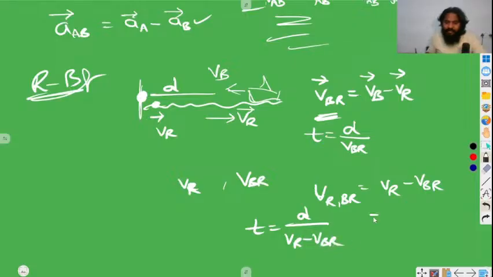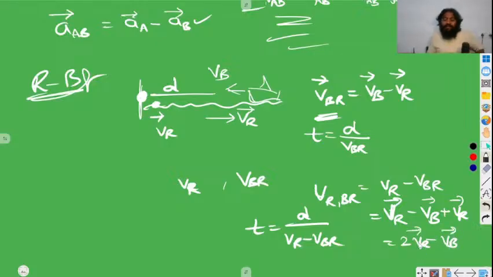If you go further, the cork speed is VR minus VBR, and VBR is VB minus VR, right? Minus of minus is plus, so it becomes 2VR minus VB. This is the relative velocity. You substitute this formula here, then you will get how much time it takes for both of them to meet. Similarly, many problems will be asked in the upstream.